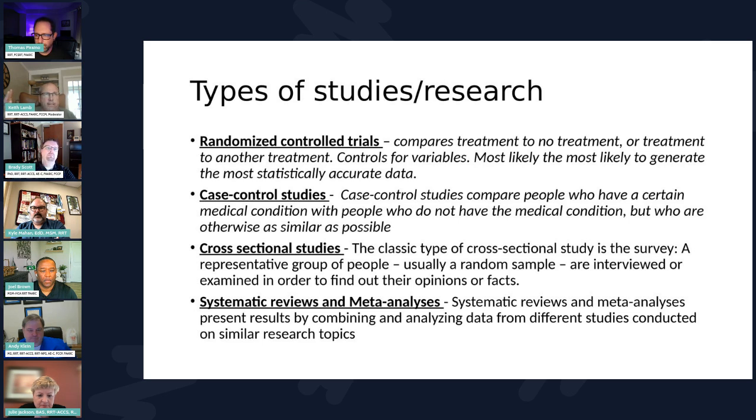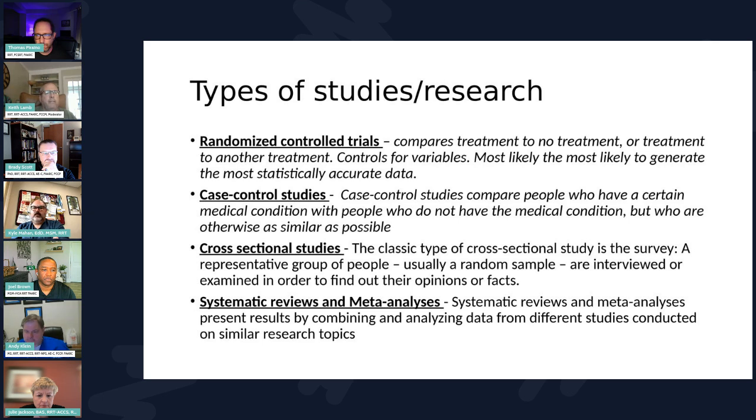And we know that the randomized control trial is probably the hallmark way, if you're really trying to find an answer to a question, because the key word is that you're controlling for variables that you wouldn't be able to control for in a retrospective analysis, or even some of these systematic reviews where you look at a bunch of different papers that have the same theme, and you're trying to come up with a commonality amongst those papers that can be useful for clinical practice. And so the randomized control trial is probably the hallmark.